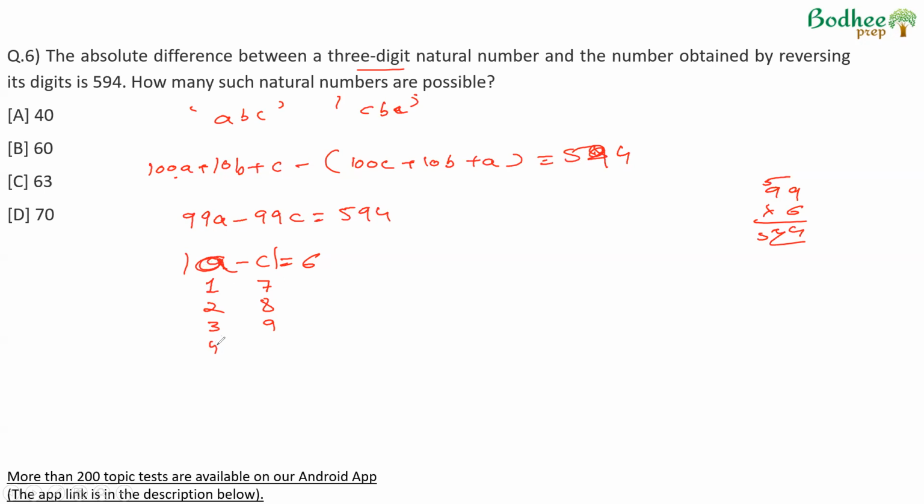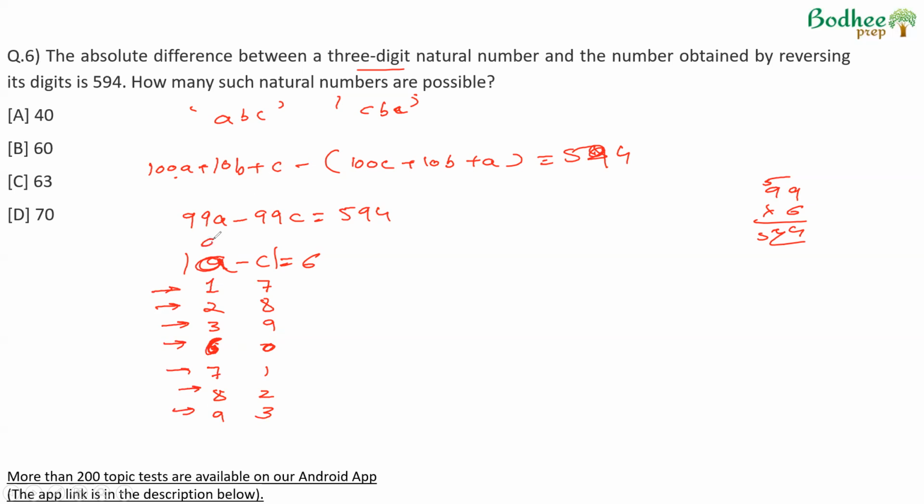If A is 6, C could be 0. If A is 7, C could be 1, A is 8, C could be 2, A is 9, C could be 3. So 1, 2, 3, 4, 5, 6, 7. We get 7 cases where the absolute difference could be 6.